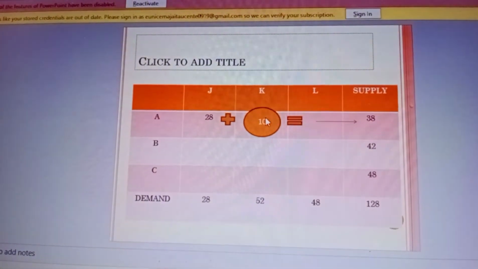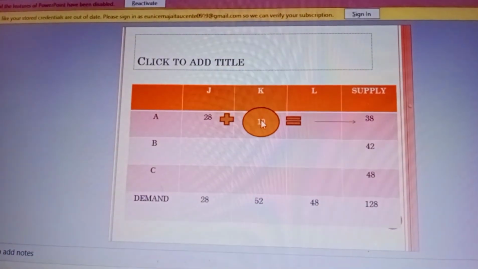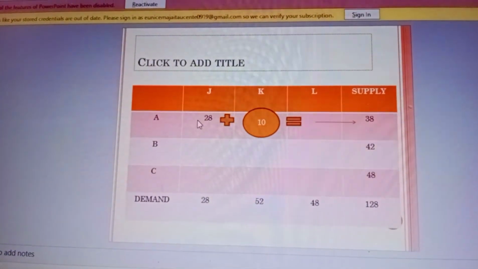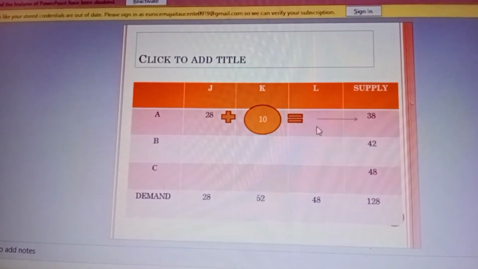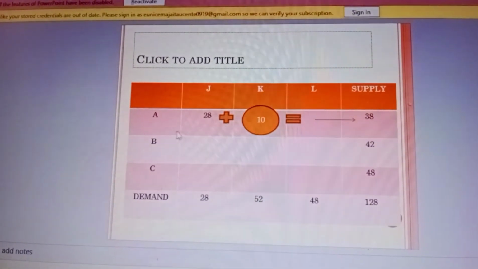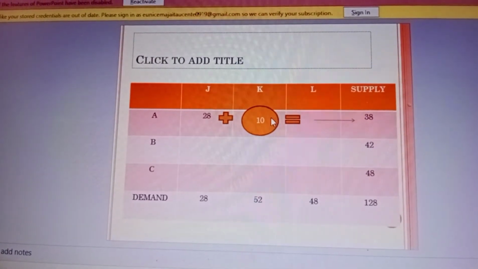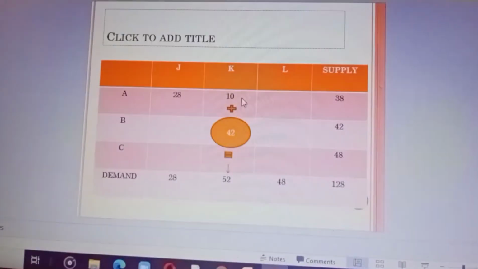So in column K, we add the number 10, so that 28 plus 10 is equal to 38. So this is our northwest method.